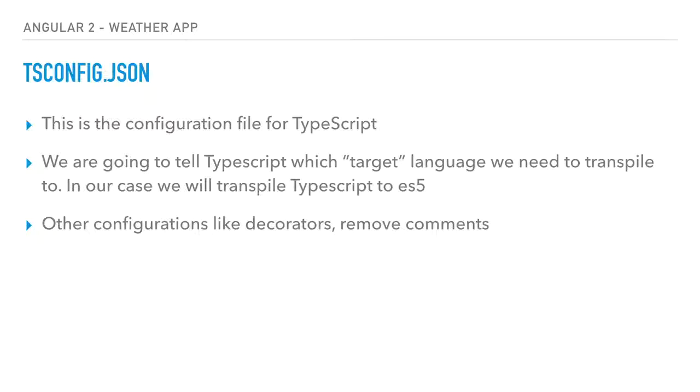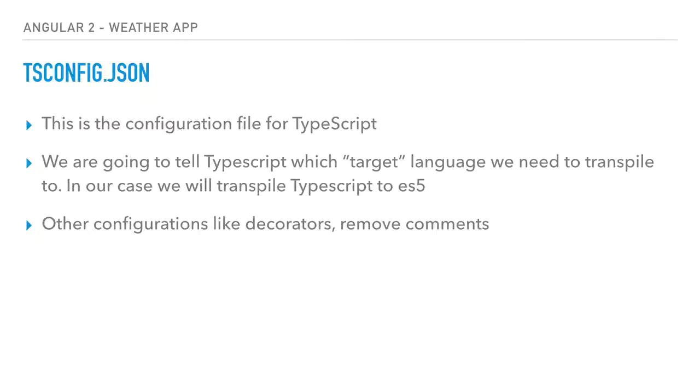The next part in the configuration phase of Angular before starting a project is the tsconfig.json file. This file is also taken from the weather app that we will build later on. And this file basically is for specifying how TypeScript should transform and transpile our TS files to JavaScript.